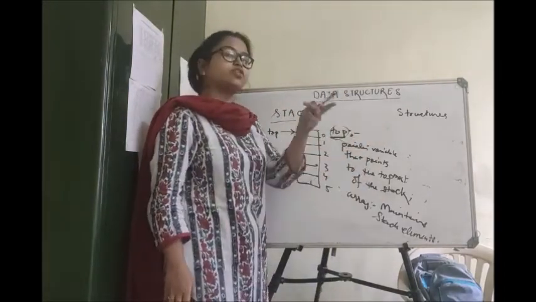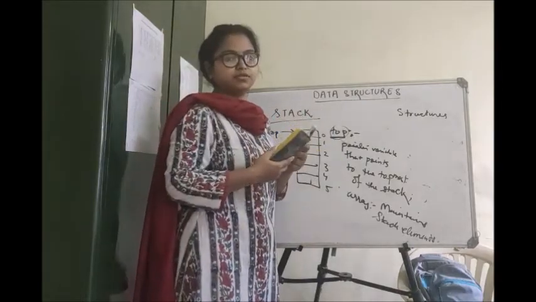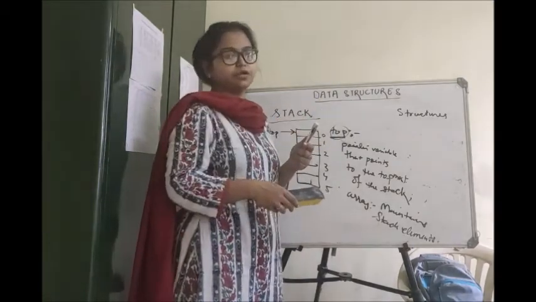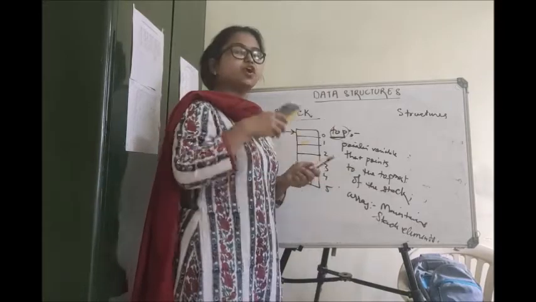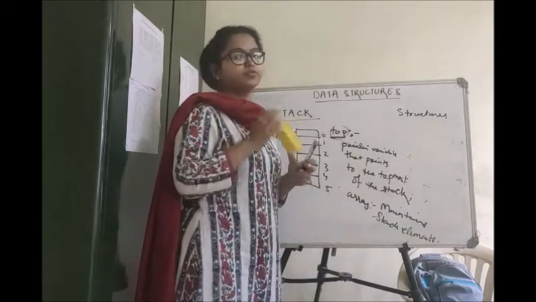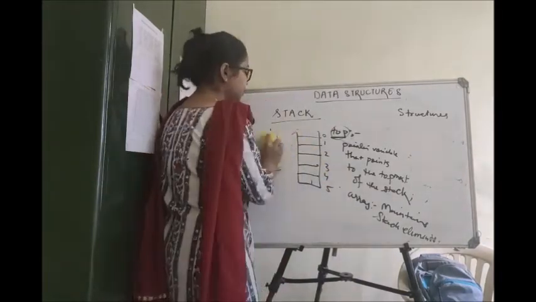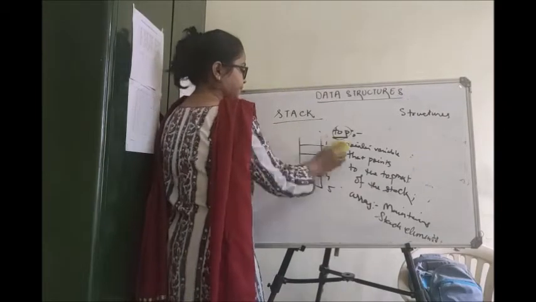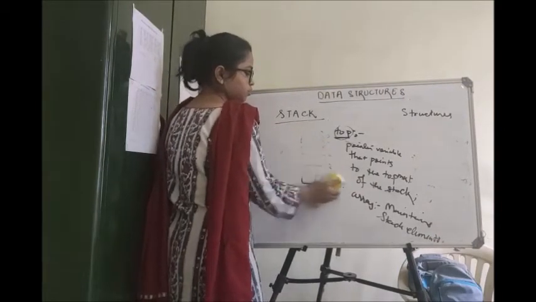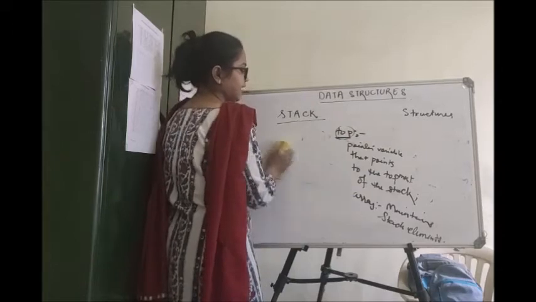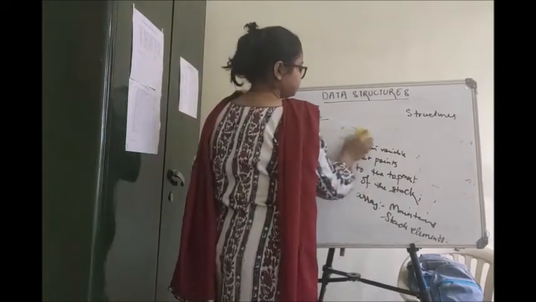Because if you don't know where the top is, how can you access the elements? How can you make use of the element? The nature of the stack is that we always have to retrieve the topmost element. So formally, we will see how we define a stack.